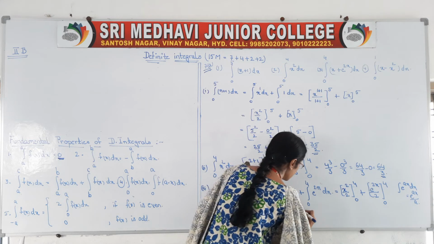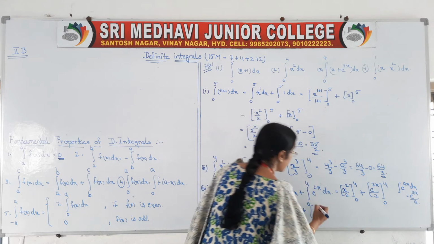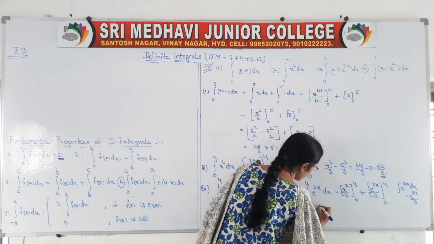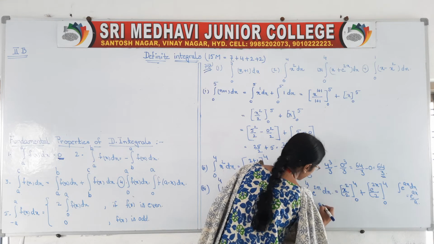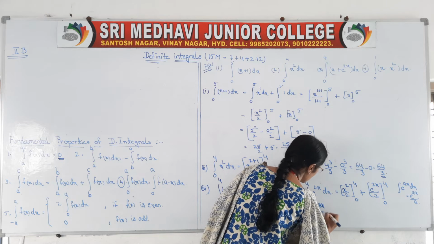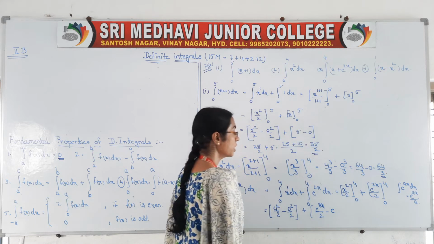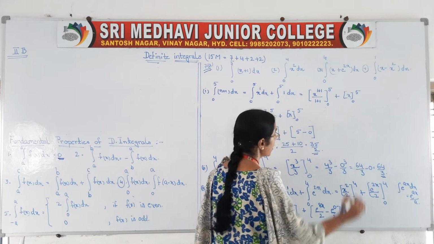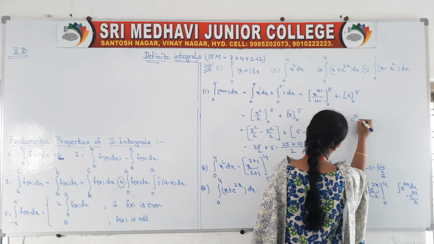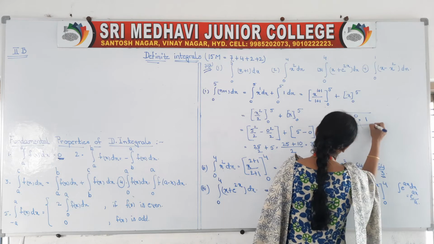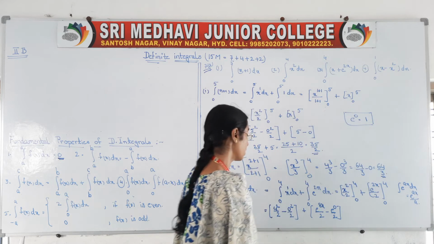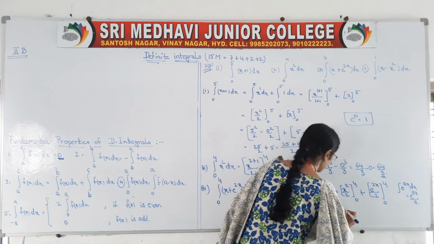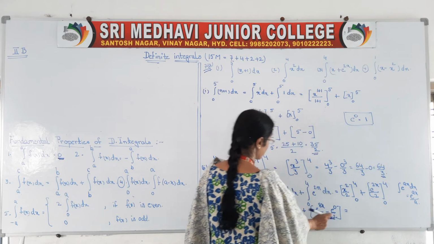Plus next, e to the power of 2 into 4, 2 fours are 8, so e to the power of 8 by 2, minus e to the power of 2 into 0 by 2. Any value to the power of 0 is equal to 1 in mathematics, so this value is 1.